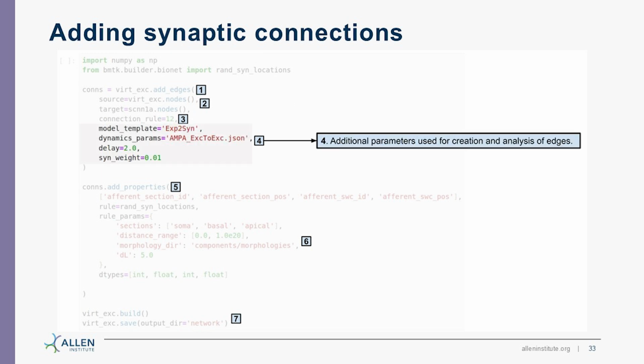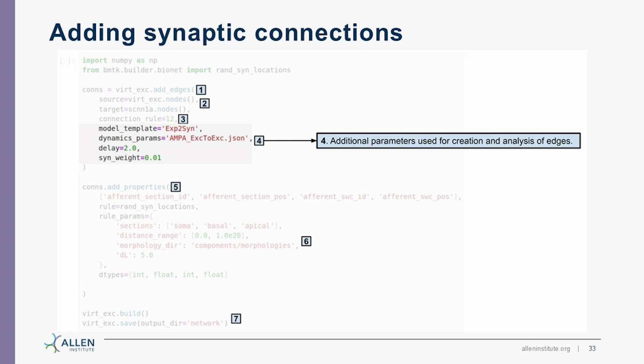And then here, similar to add_nodes, you will have to specify the model for the synapses. You have the model template. We have a set of built-in models that are the ones that are in NEURON, like Exp2Syn. And in the dynamic parameters, these JSON files are stored in the components folder, and you will have the information of the time constants of the synapses for this specific synapse model type, and the reversal potential as well.